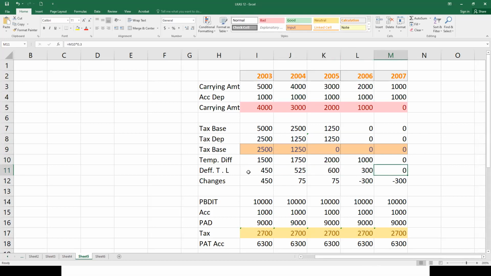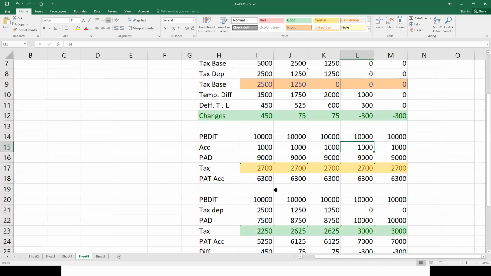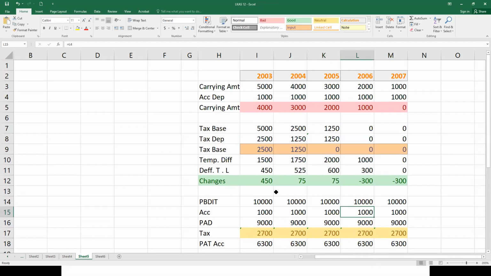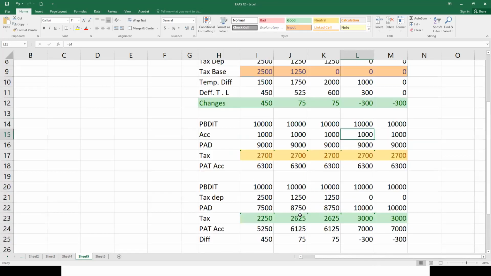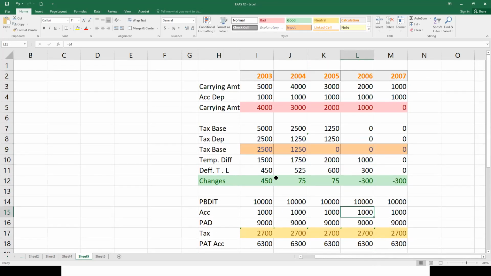Likewise, we have taken it, and we need to calculate the changes also. This is very important. We need no more working to calculate the deferred tax; we can directly find the deferred tax from the temporary differences.